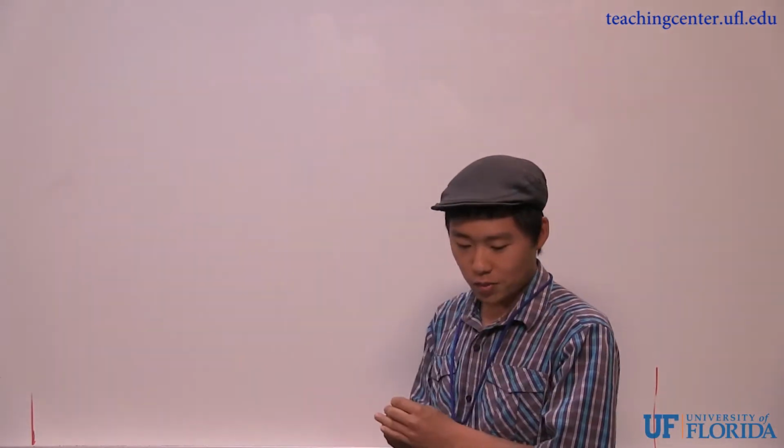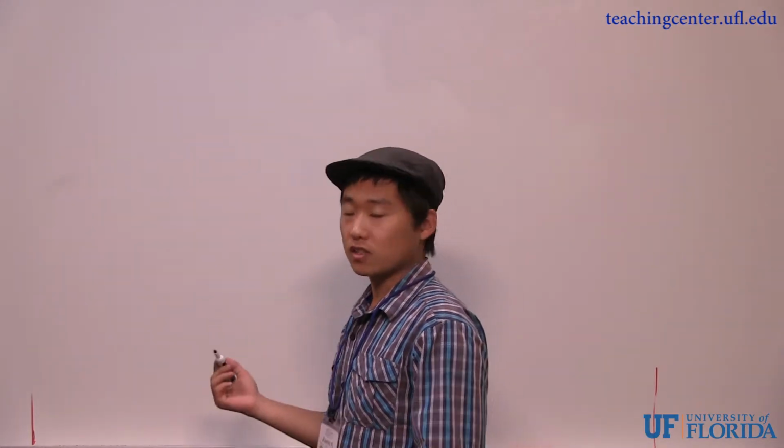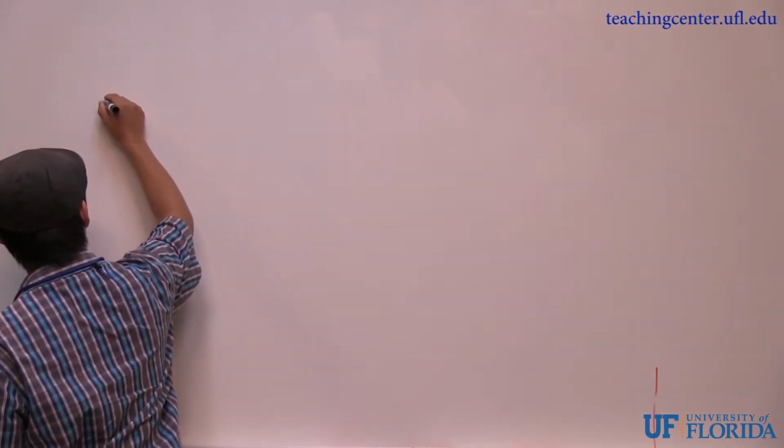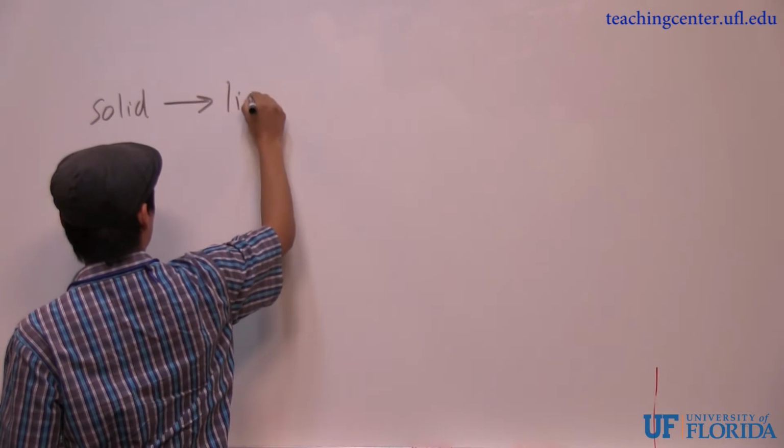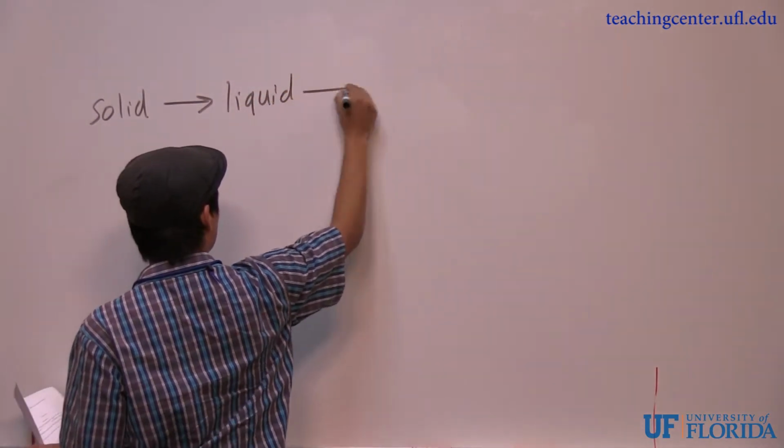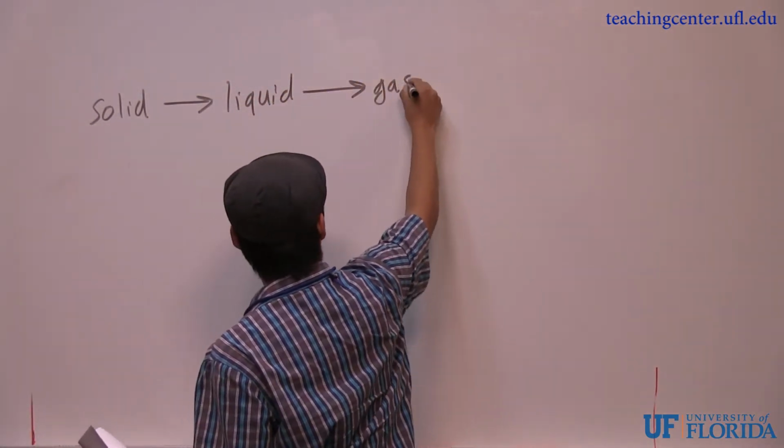So, let's begin. The first question says, which state of matter has atomic spacing that is close together and has definite shape? So remember guys, there are three different phases: solid, liquid, and gas.